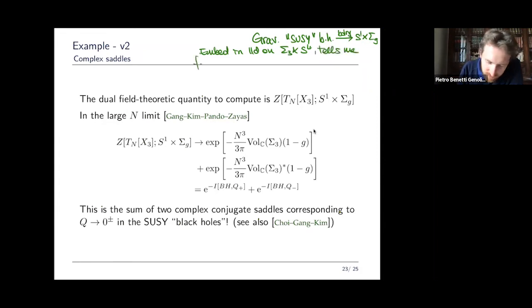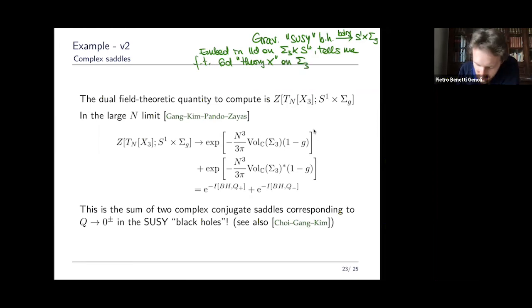The field theory to be considered is the 6D mysterious theory, sometimes called theory X, on sigma 3.